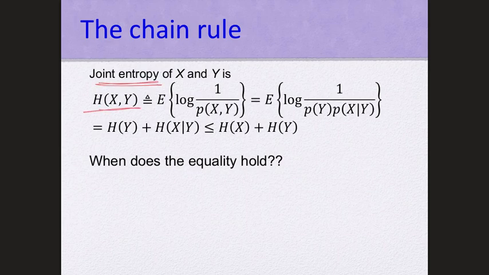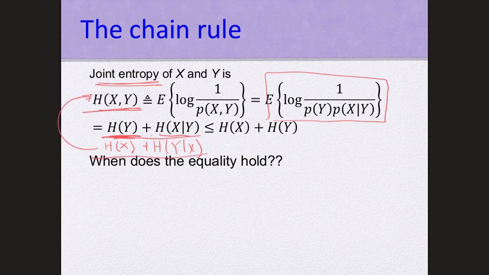Here you can see how to mathematically calculate it, but eventually the joint entropy between X and Y is equal to the entropy of Y plus the entropy of X given Y, or the same, it will give you the same result, H of X plus H of Y given X. So this or this will give you exactly the same thing, which is H of X comma Y, okay?